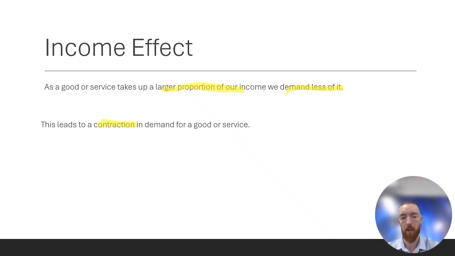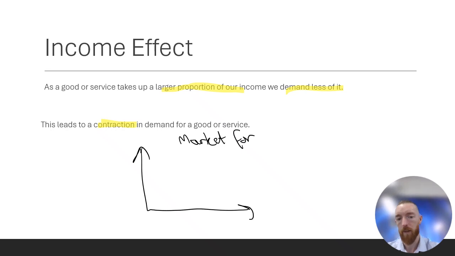So like we said before, we've got our demand curve, and let's just say this is the market for ice cream, because ice cream is delicious. If we look at this market and we've got our demand curve that is sloping downwards, ice cream was $5 a tub and it has gone up to $10 a tub because the cost of living is getting crazy.